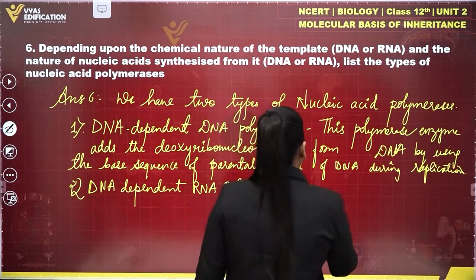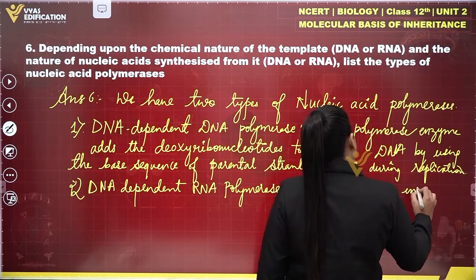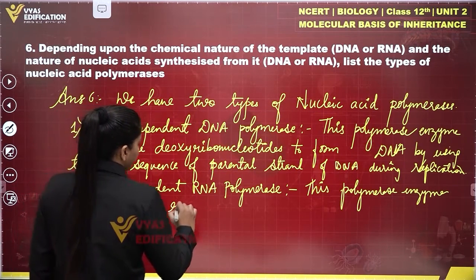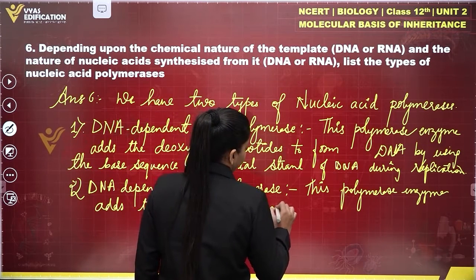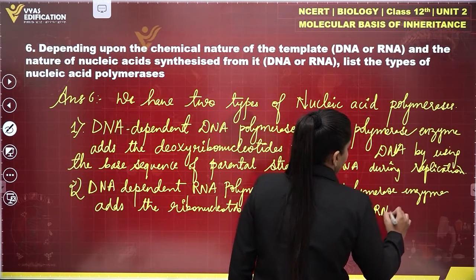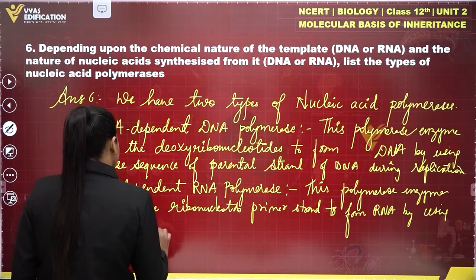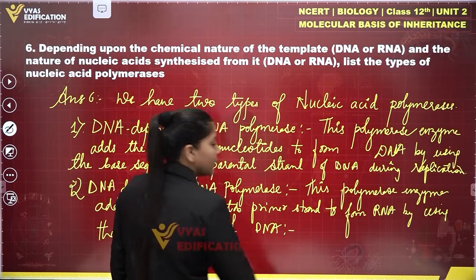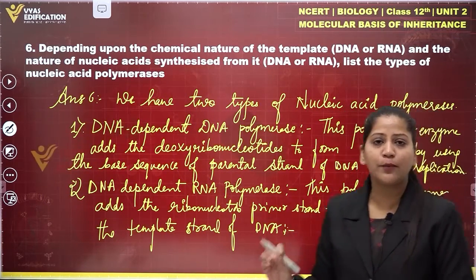This enzyme adds the ribonucleotides to form RNA by using the template strand of DNA during the process of formation of RNA. So this is a complete solution where we have two types of nucleic acid polymerases.